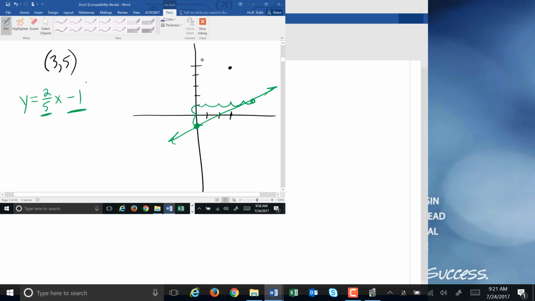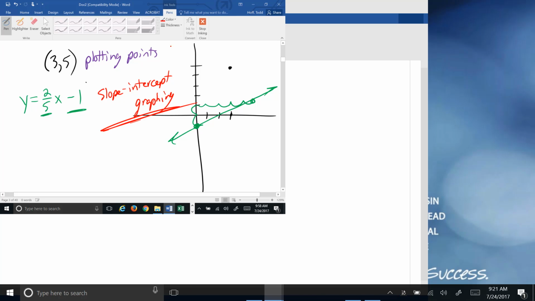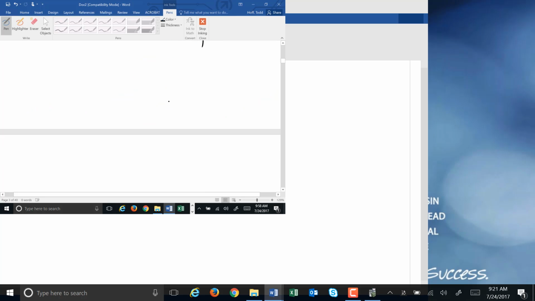But there's a difference between plotting points and then this is what they call slope-intercept graphing here. So just a little bit of a warning on you. Be careful.